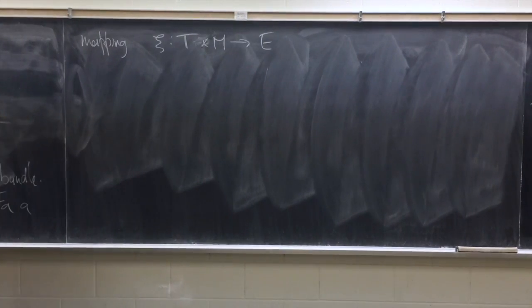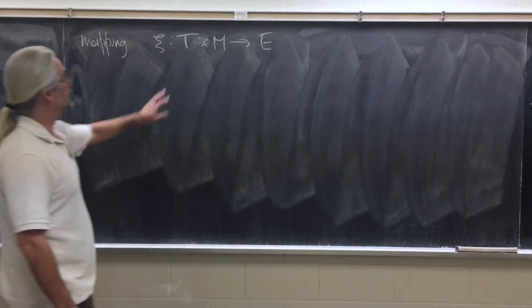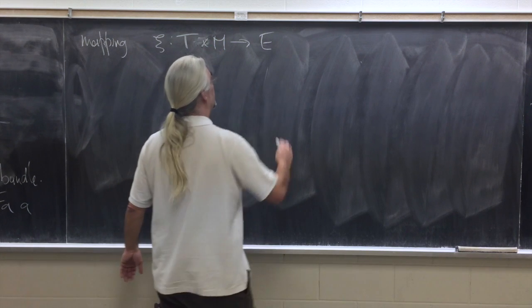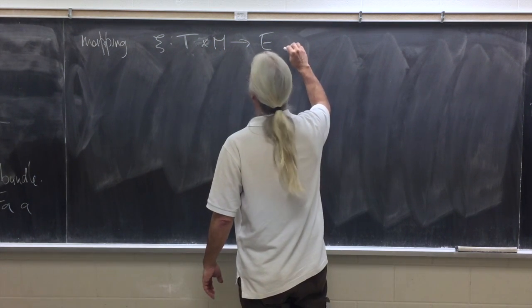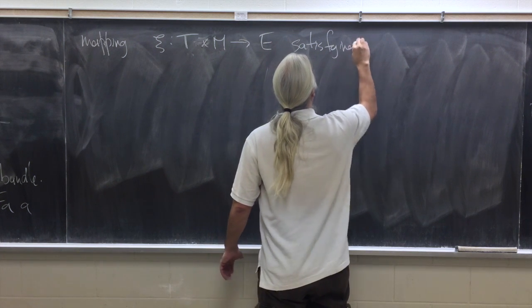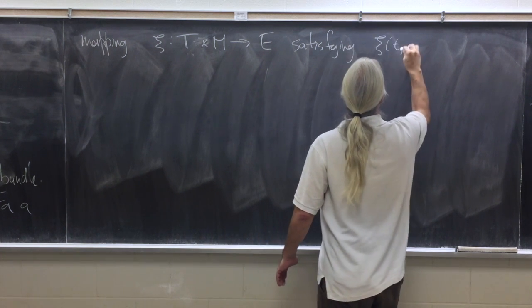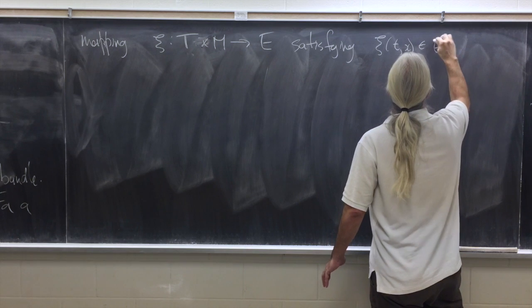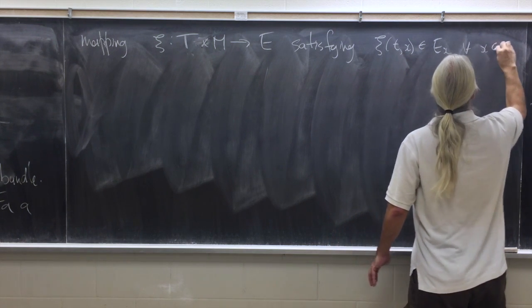Okay, so I'm going to write a time-varying section as C, so it's a function of time and M. And sectionness, of course, means that C of t, x is in E sub x for every x.